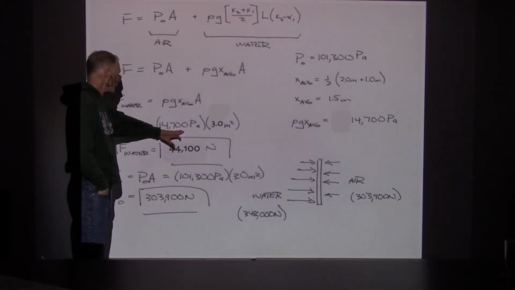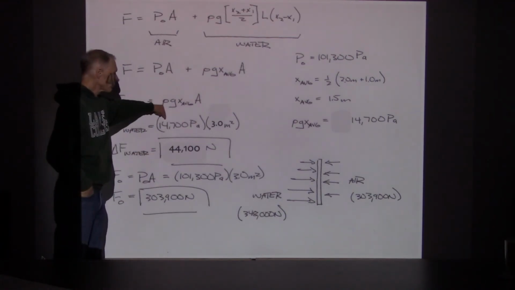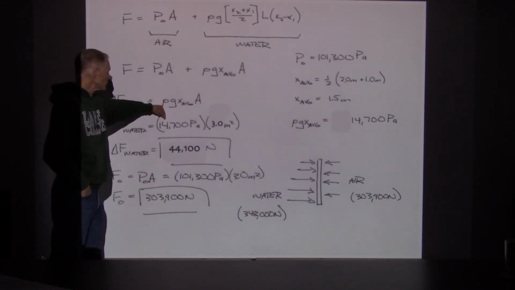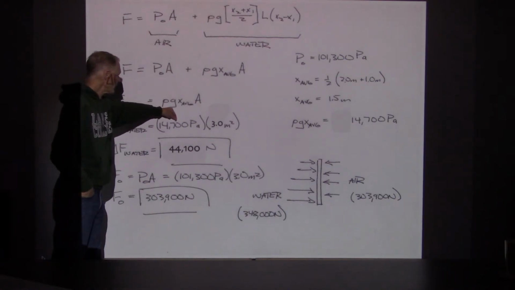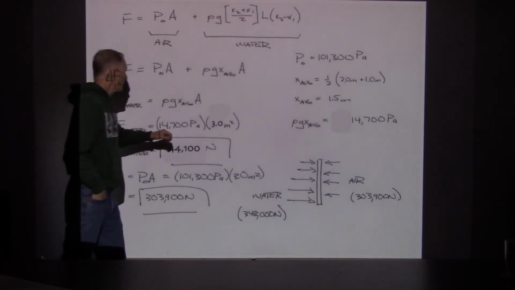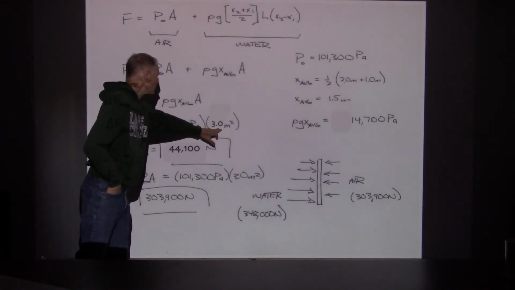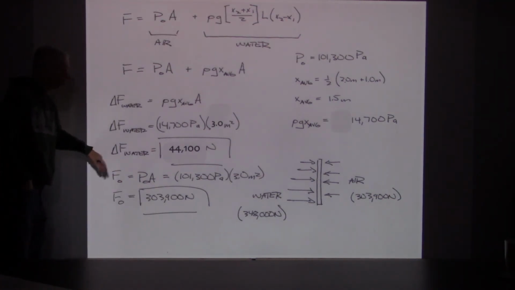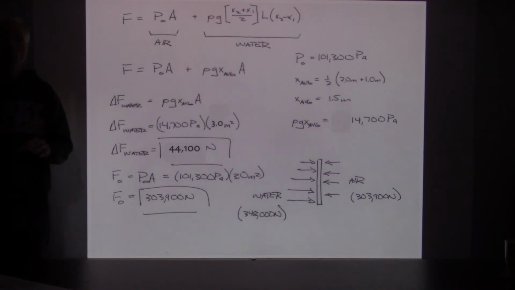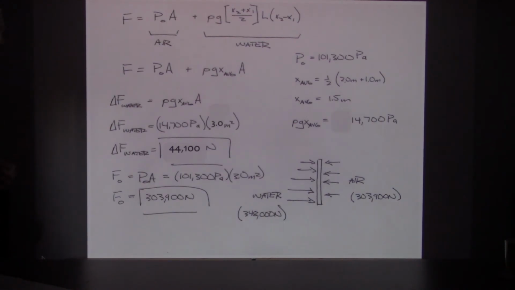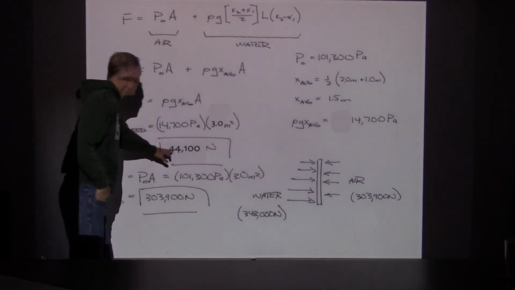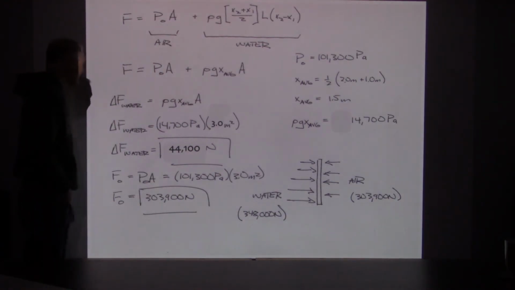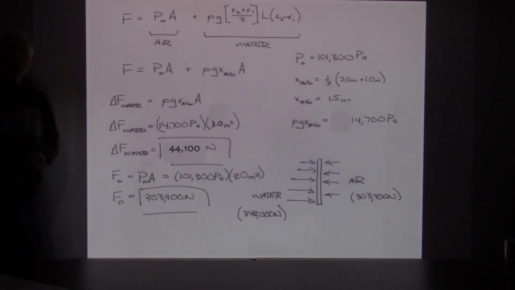It's only a meter. And as a result, the pressure is not super large, 14,700 pascals. And then we have to multiply by the area, which is 3 square meters. So we're going to get an additional force on that aquarium window when we fill it with water of 44,100 newtons. So that's how we have to design the window.